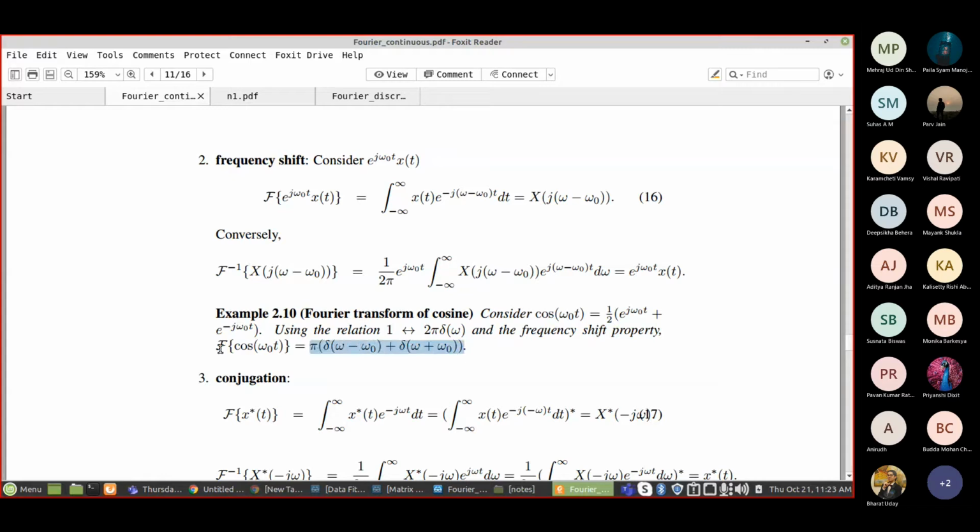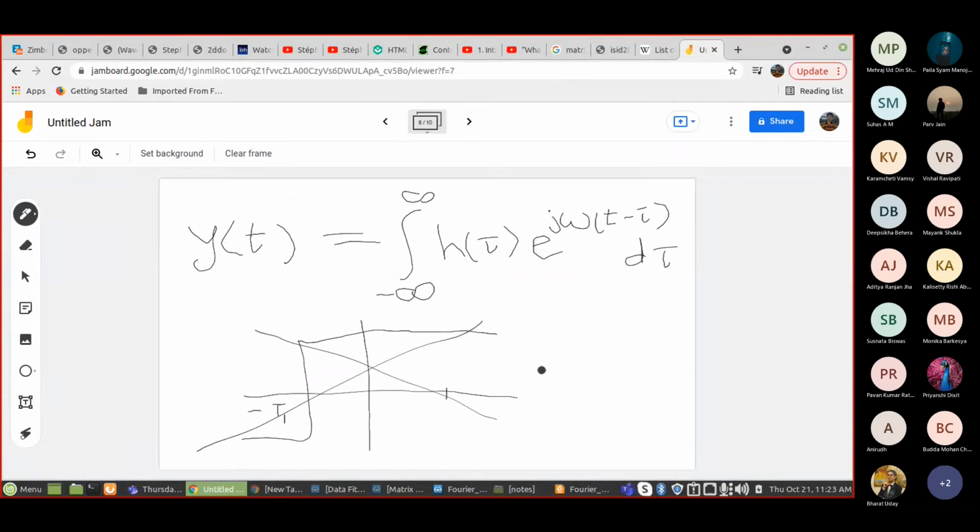Okay, so it is two delta functions at omega and minus omega, so something like this. Dirac delta at minus omega naught and Dirac delta at omega naught. Okay, so this is Fourier transform of cos omega t.